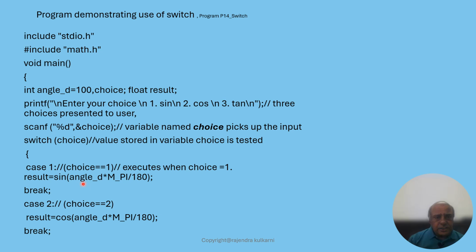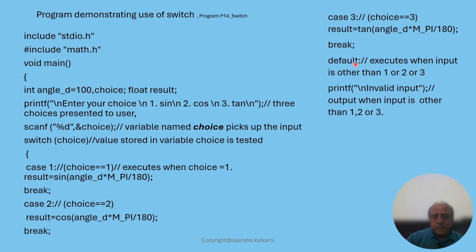After break, we write case 2: result is equal to cos of angle_d, and a break statement. Then the third case: result is equal to tan of angle_d into pi by 180. What is pi by 180 doing? Converting the angle in degrees to its equivalent radian value, and then the break.